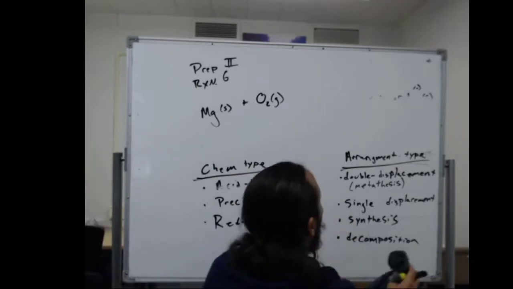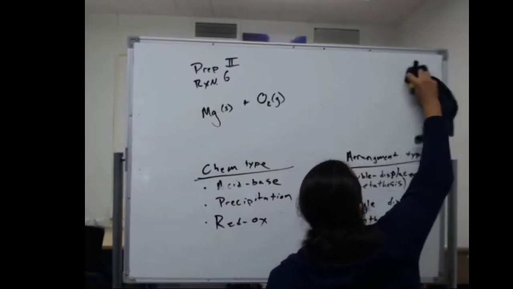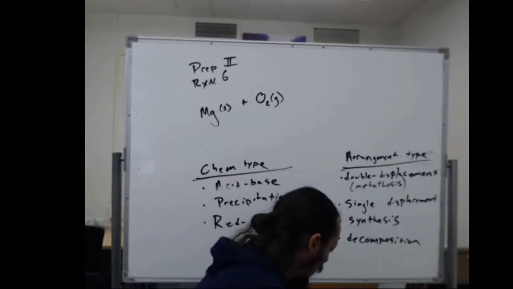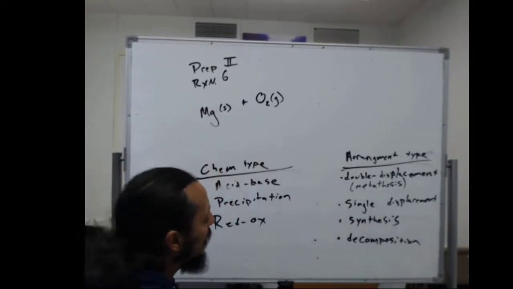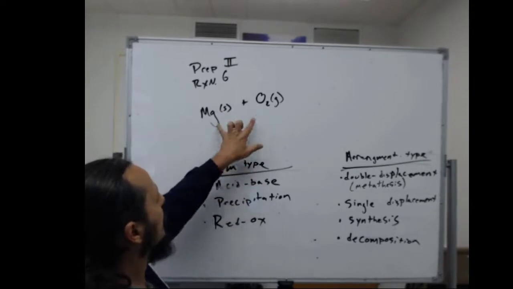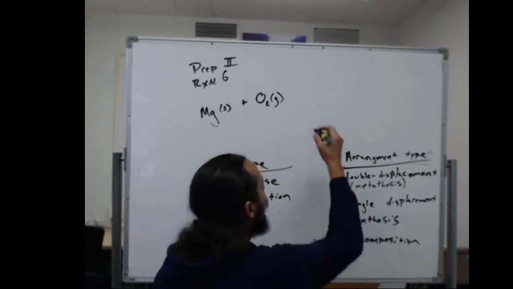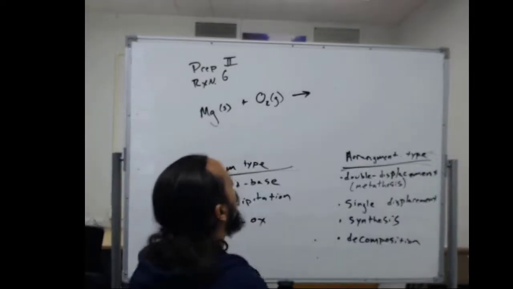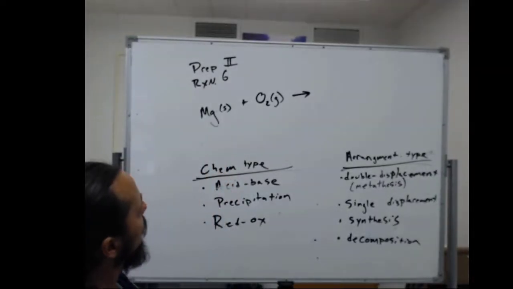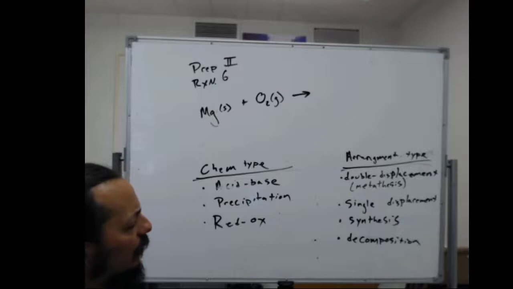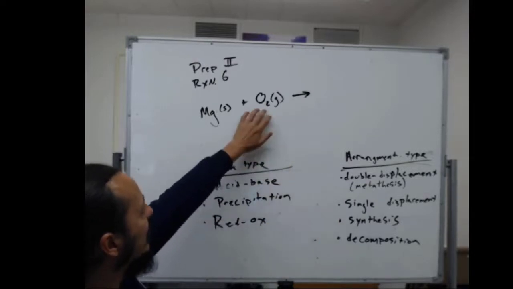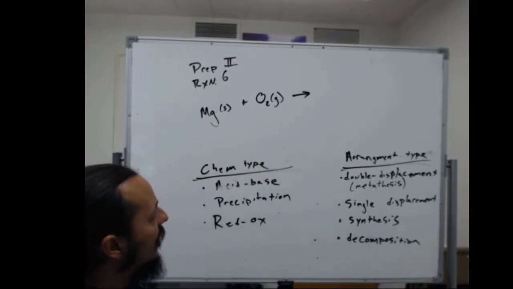I've got to figure out how I'm going to do this rearrangement now. Obviously, we can't do a double displacement because this doesn't have something to displace. And it doesn't really look like a single displacement either because this is O2, this is Mg.